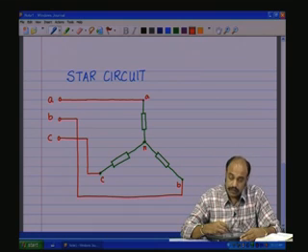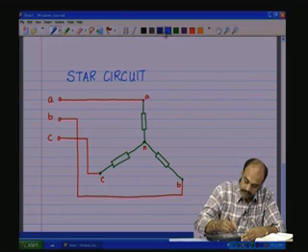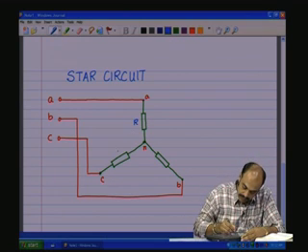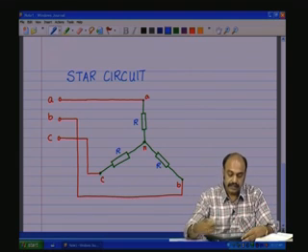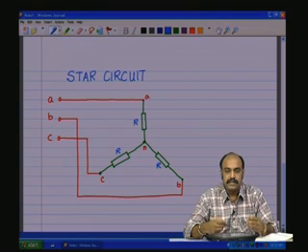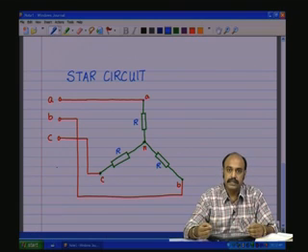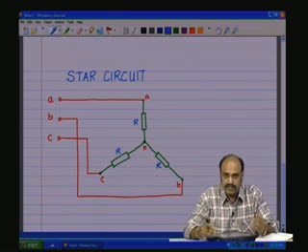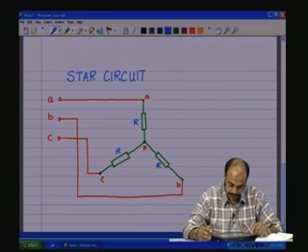Now, we saw that the neutral is not brought out because in a balanced 3-phase load, meaning where all the 3 loads are equal and same, the instantaneous current, that is the sum of I A plus I B plus I C which flows through the neutral wire to complete the circuit, that is the 4th wire, is always equal to 0, and therefore, we can effectively remove the 4th wire, that is the neutral wire.